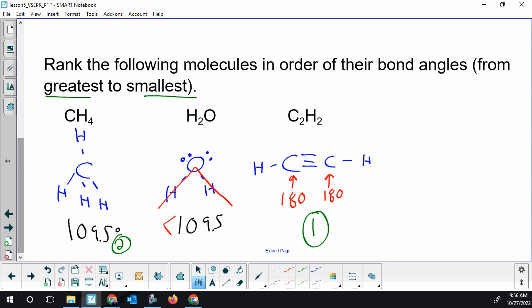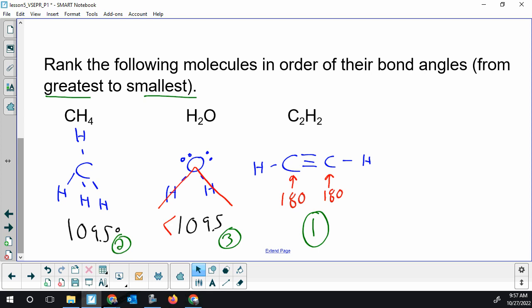The third, the smallest, would be less than 109.5. Water tends to be around 105, is what we see when we measure it in real life. 109, less a bit. You don't have to memorize that 105, but you should know it's less than 109.5. So that's our last question. So that's VSEPR theory. We're almost done.